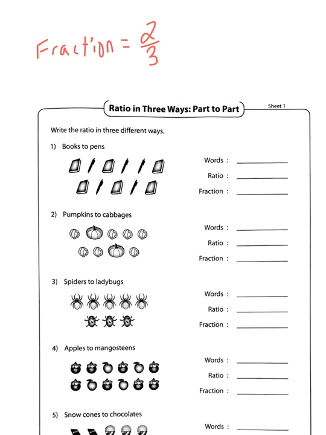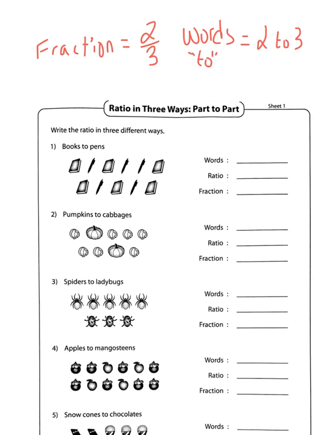Or a second way that we can write a ratio is using words, and that is the word "to" that we can use. And again, if I'm comparing 2 apples to 3 bananas, I could say my ratio is 2 to 3, using that word "to".